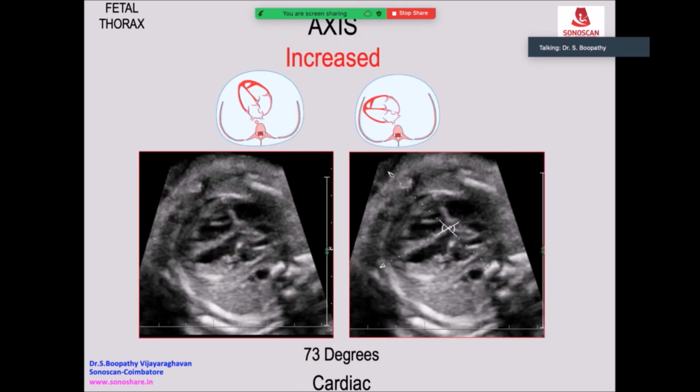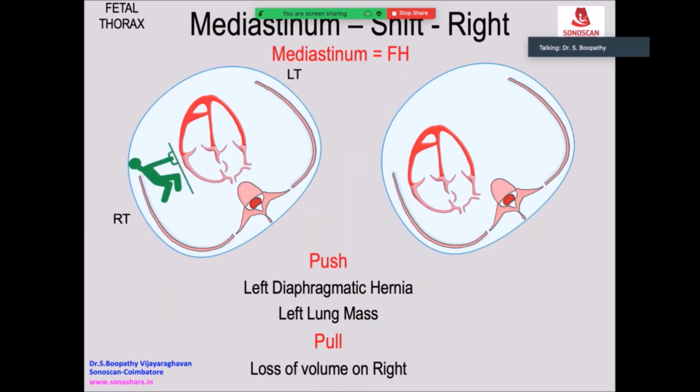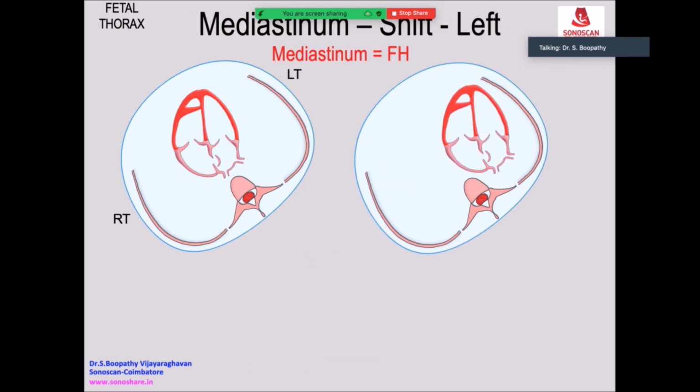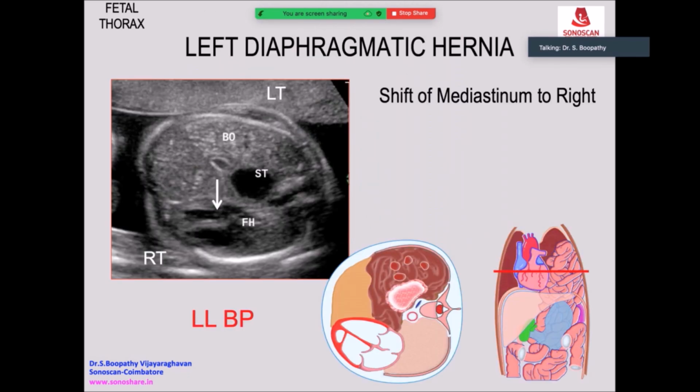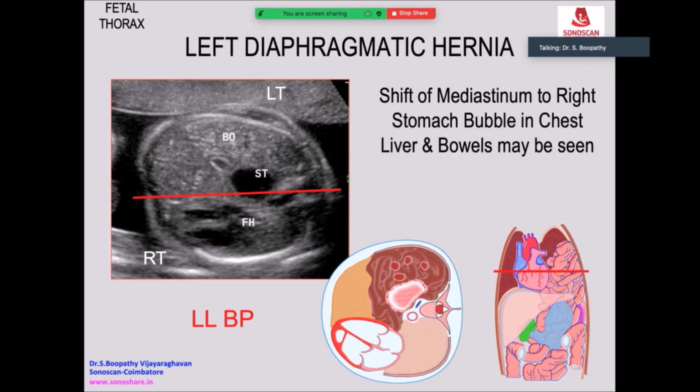If the axis is increased more than 60 degrees, then there is loss of volume on the right side, which is due to essentially agenesis of the right lung. Whereas shift of mediastinum to the left can happen due to a right diaphragmatic hernia. There is shift of mediastinum to the right, and the stomach bubble is in the chest.